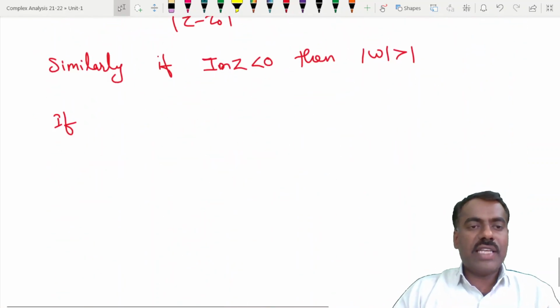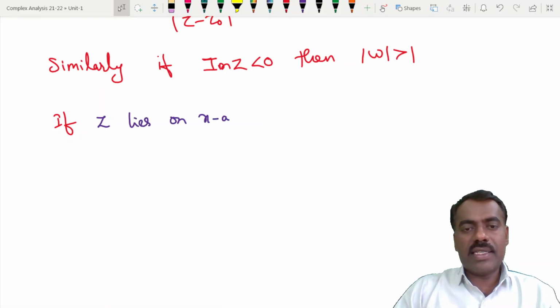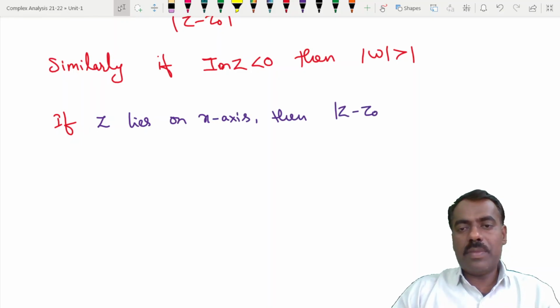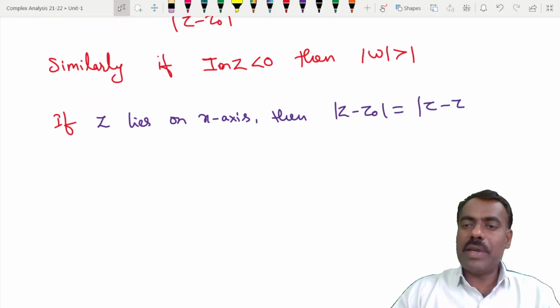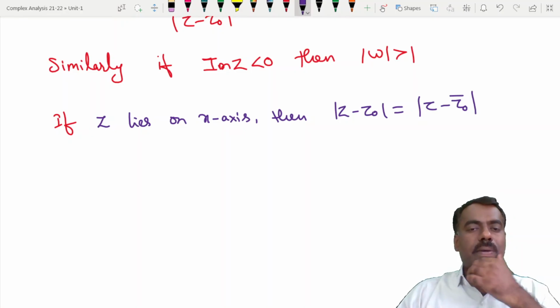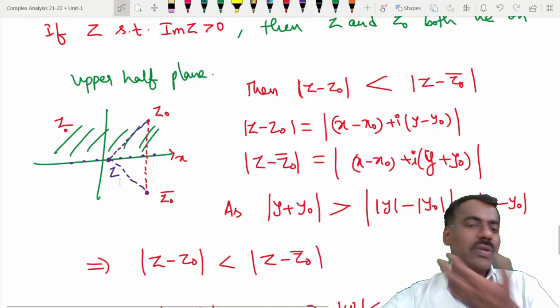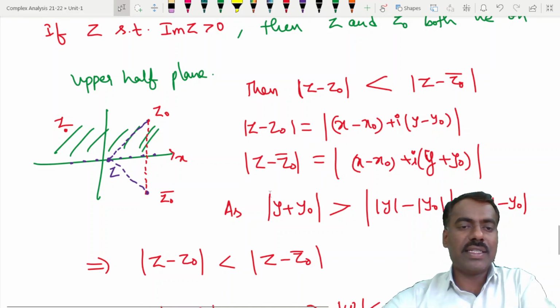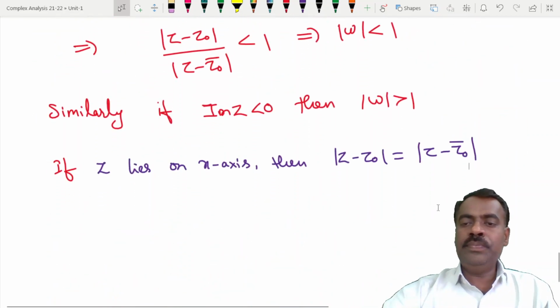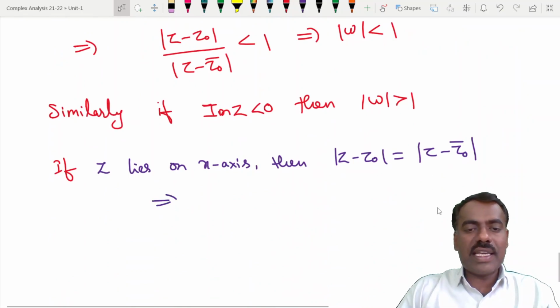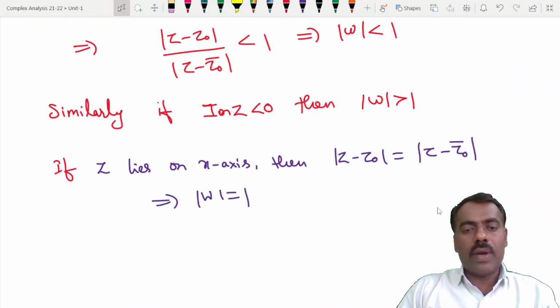If z lies on the x axis, then |z − z0| is the same as |z − z̄0|. From this picture you can see it, or you can write z with y equal to 0, and you will get the same thing. Therefore in this case |w| is equal to 1.